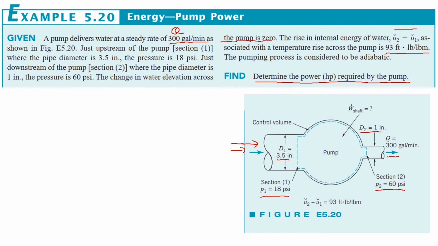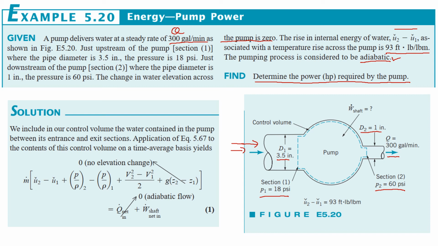The pumping process is considered adiabatic. So the rate of heat transfer will be considered 0 because the process is adiabatic, as we discussed in the previous slide, where one of those conditions was the adiabatic condition. So that rate of heat transfer term will be equated to 0 in our energy equation.